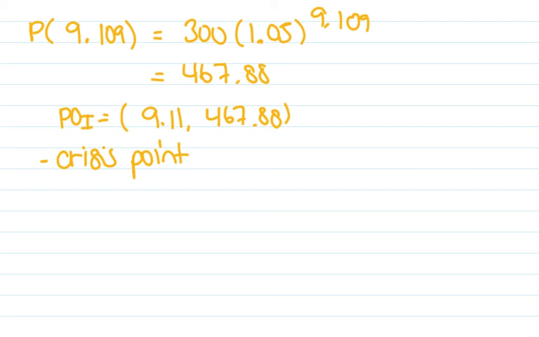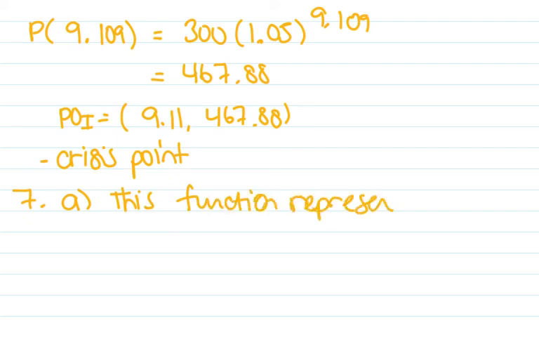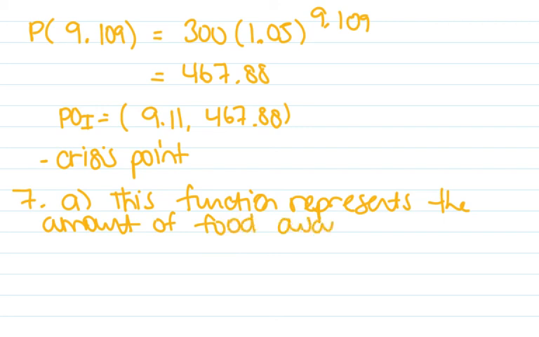So the food divided by the population means that this function represents the amount of food available per fish.